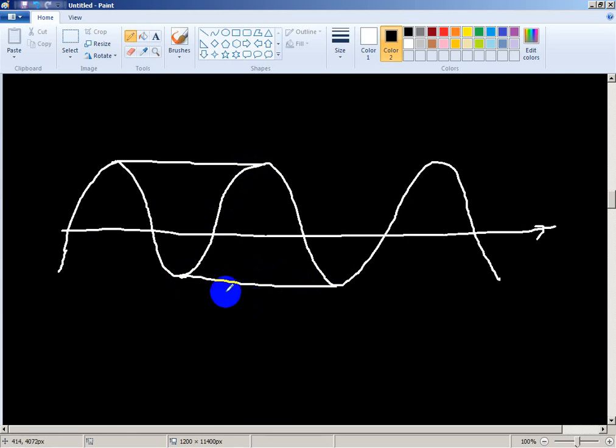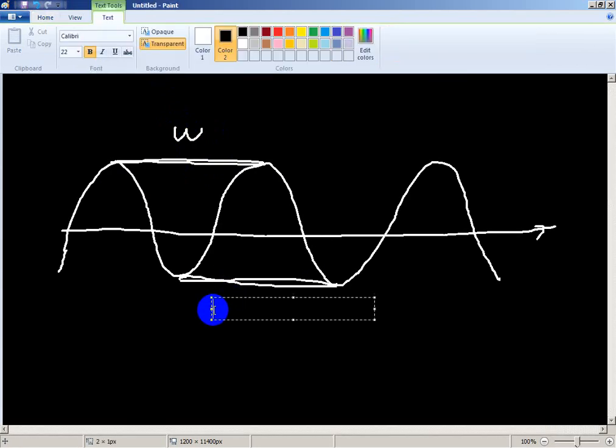The distance between two peaks or two bottoms is called wavelength. So you have understood, this is the wavelength.